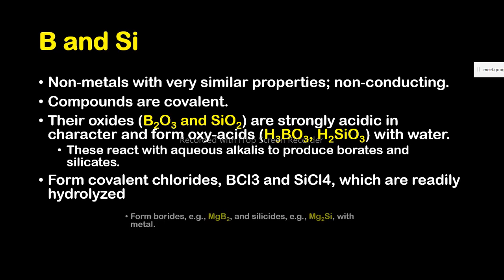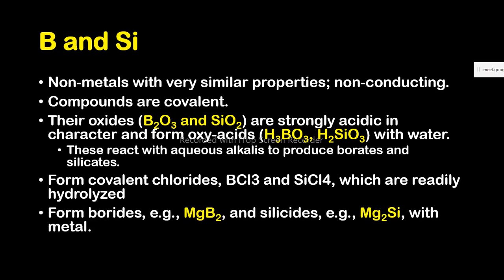And their chlorides all undergo hydrolysis to produce. Now, are we going to produce an acidic solution or basic solution? So you can find out. But all their chlorides, for both boron and silicon, undergo hydrolysis.